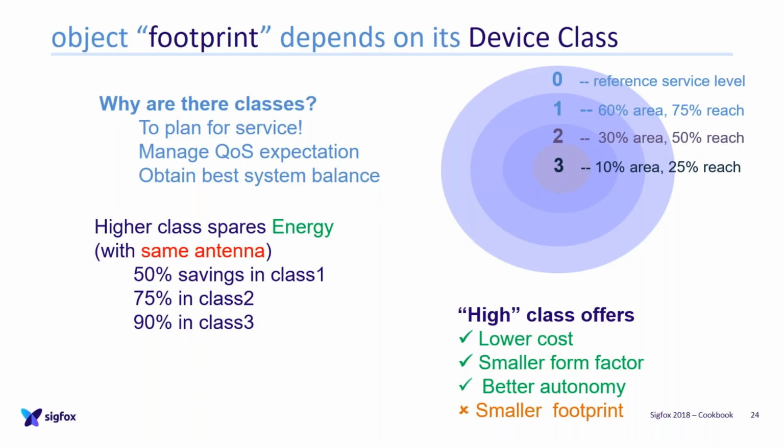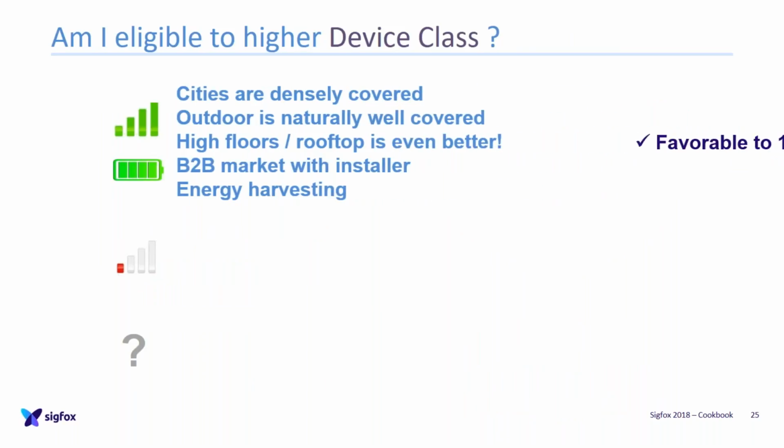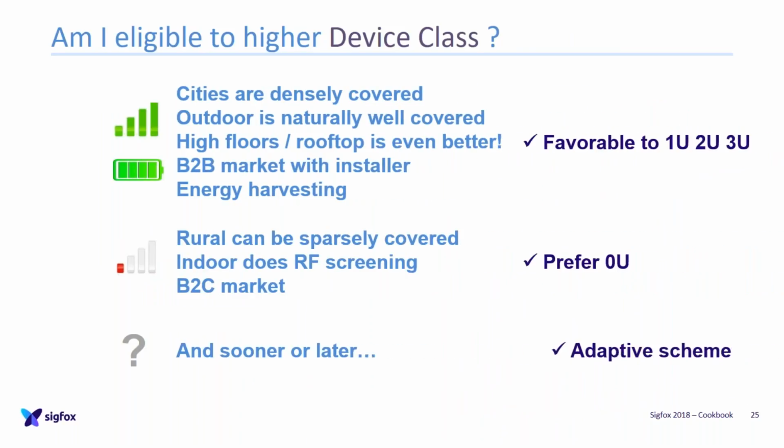The battery costs a lot of money, so a smaller battery means less money for the battery, and also a smaller form factor. So, of course, you have something to pay for it, but in exchange, you gain other benefits. So here it's a trade-off that is in your hands to manage, so that you can select the class of your target devices depending on your dominant constraint in the system.